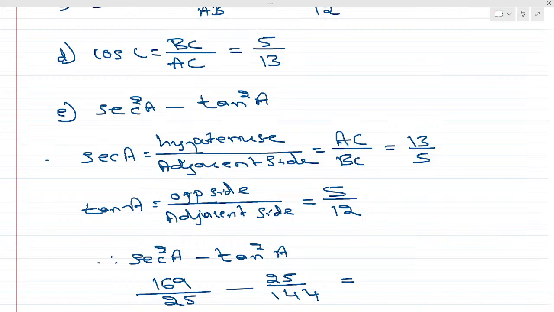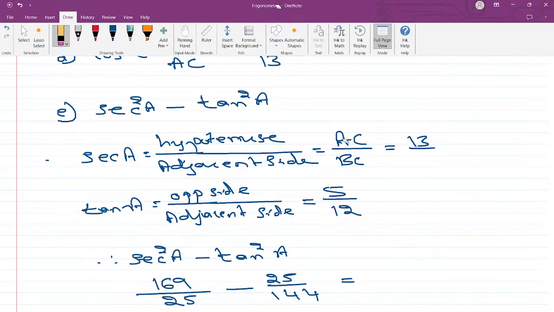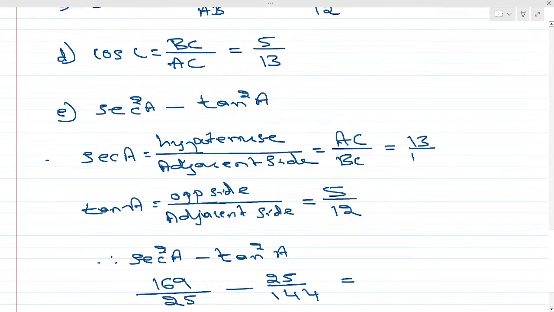Okay, there was a small error here, secant A being 13 by 12.